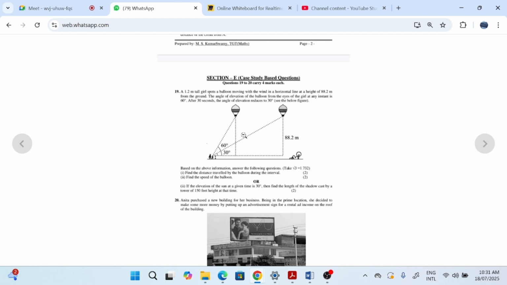Find the distance traveled by the balloon during the interval. So for distance, you did 30, x plus y. Okay, x is 29.